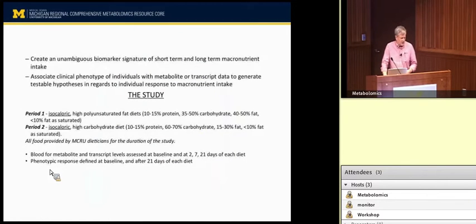Remember, the study is to create an unambiguous biomarker of short-term and long-term feeding. We did this isocaloric feeding from a heterogeneous group of individuals at baseline, so these people were eating different diets coming into the study. Then they were all put on a polyunsaturated fatty acid diet, and then switched immediately to a high carbohydrate diet.